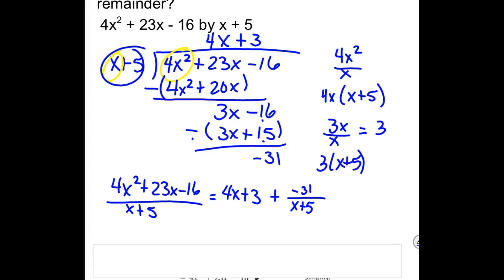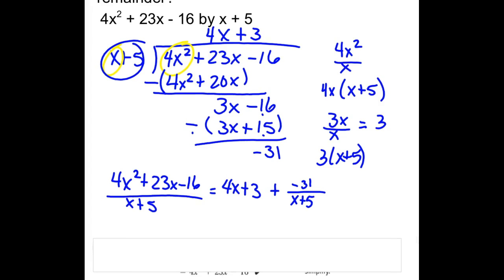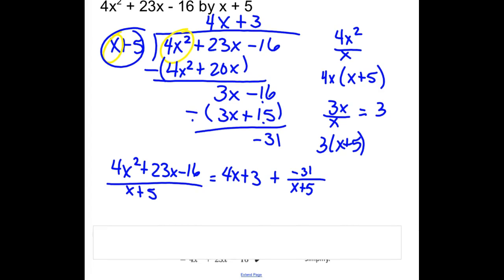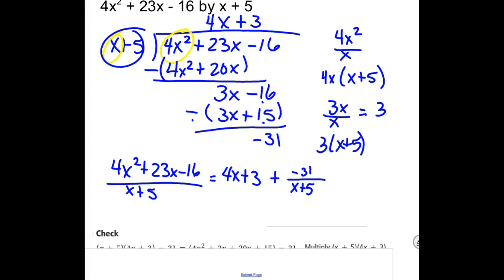Okay? Now, we can check that. Remember the question we did earlier? We did 8 divided by 4, right? If I do 9 divided by 4, I have a remainder of 1, yes? So we would write that as 9 divided by 4 is 2 plus 1/4. Okay?